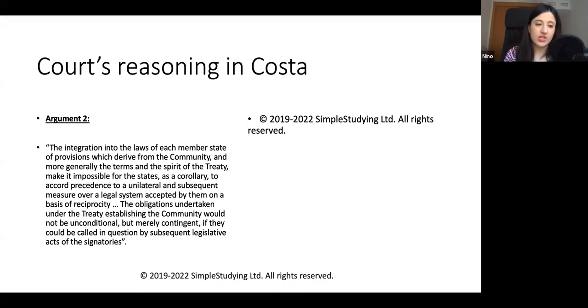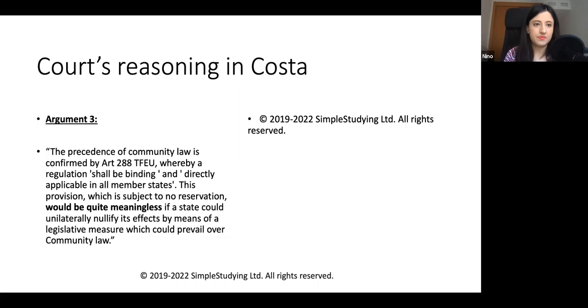The obligations undertaken under the treaty establishing the community would not be unconditional, but merely contingent, if they could be called in question by subsequent legislative acts of the signatories. So this further demonstrates the importance of union law having priority over national law.